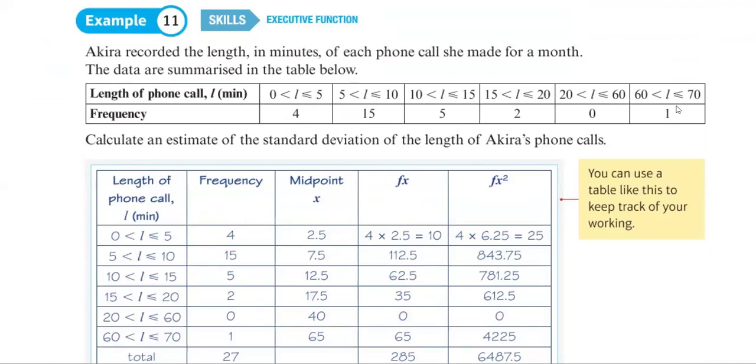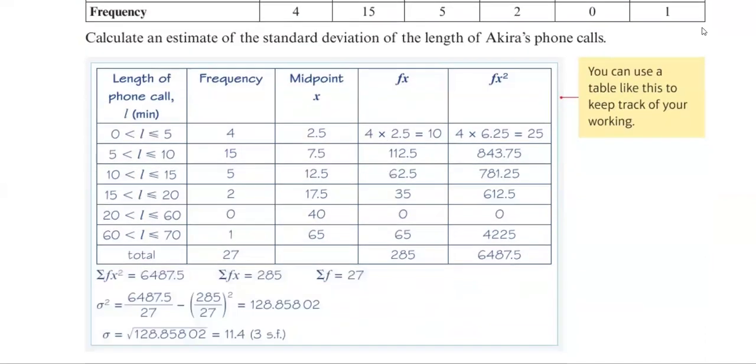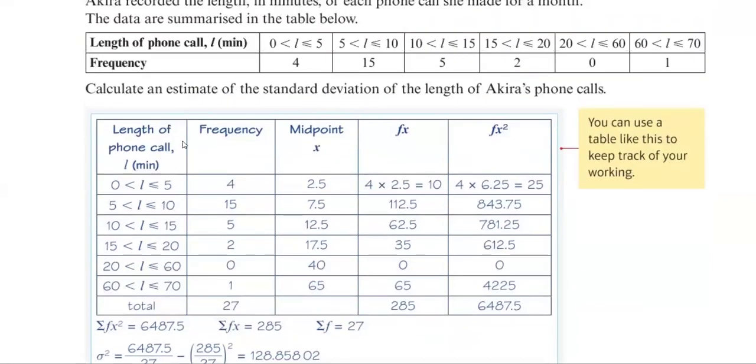If you have this type of table, you want to estimate mean, standard deviation, also variance, like that. Okay. How to do that? First thing is you have to draw another table.